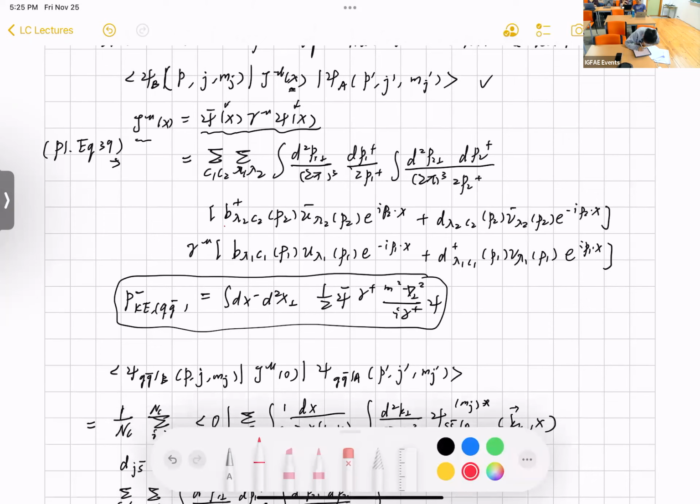For this B dagger on the 2, I will just call it B dagger 2, and this I will call U bar 2. Similarly, this is D2, this is V bar 2, and this is B1, this is U1. This is D dagger 1, and this is V1.